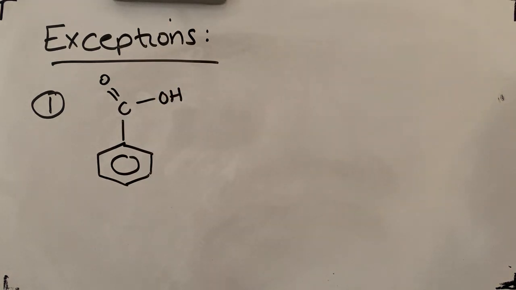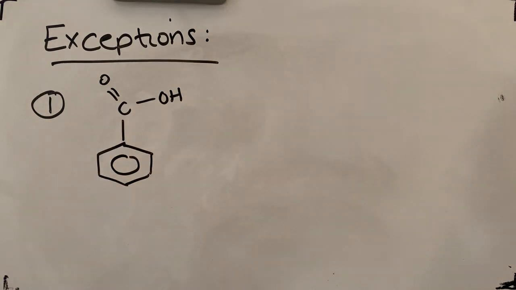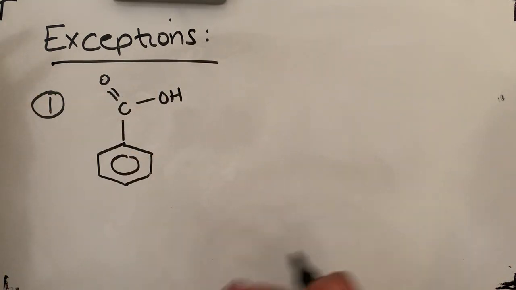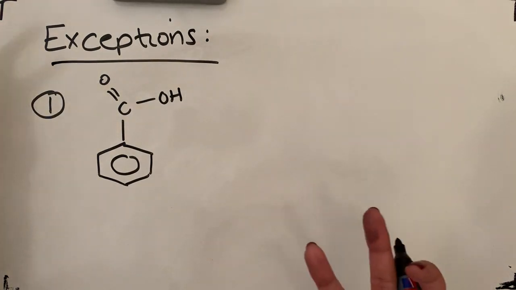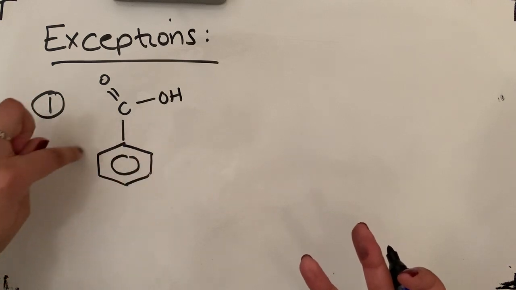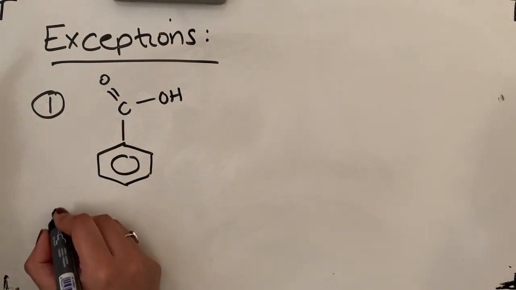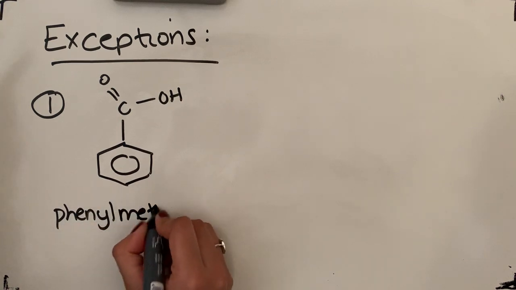Right, so based on the rules that we've just covered, given that we've got a functional group coming off of our benzene ring, this should be the parent. It's a carboxylic acid. It's got 1 carbon, so therefore you would assume it's called methanoic acid. And therefore this should be a substituent, so you would assume it is phenyl methanoic acid.